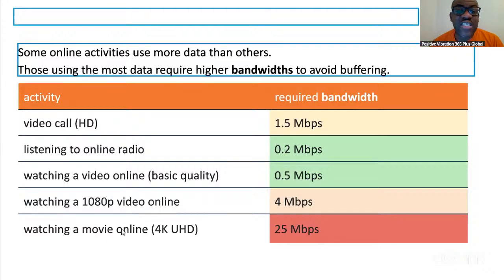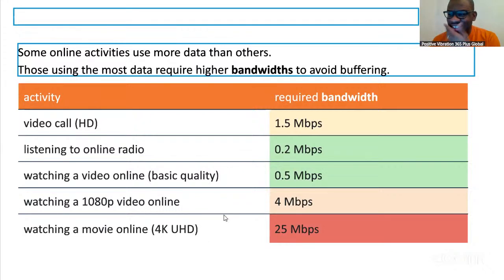If you decide to watch a movie online in 4K, it's going to use 25 megabits per second. So if your Wi-Fi is 4 megabits per second, this movie is not going to load. It's going to buffer.